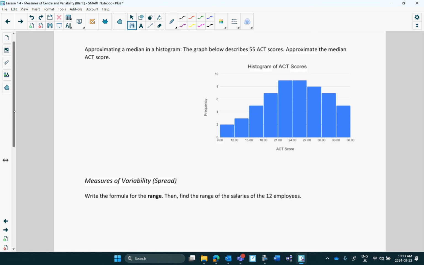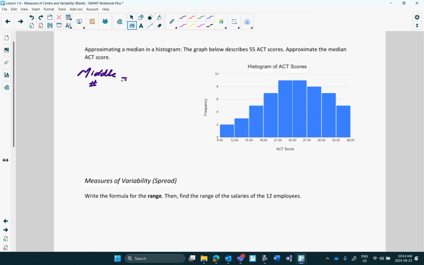We want to approximate the median, and they're from lowest to highest. A score from 9 to 12, 12 to 15, etc., all the way up to 36. What score will be the middle score in 55 of them? Which one will be in the middle?